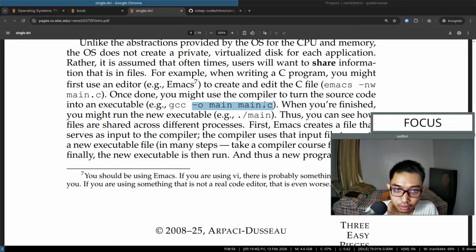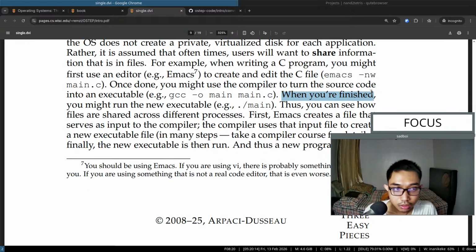This is the output. The output name of the executable, or maybe we can just say this is the executable name. That's easier to understand, I guess. We provide this with the flag -o, and then this is the source code name.